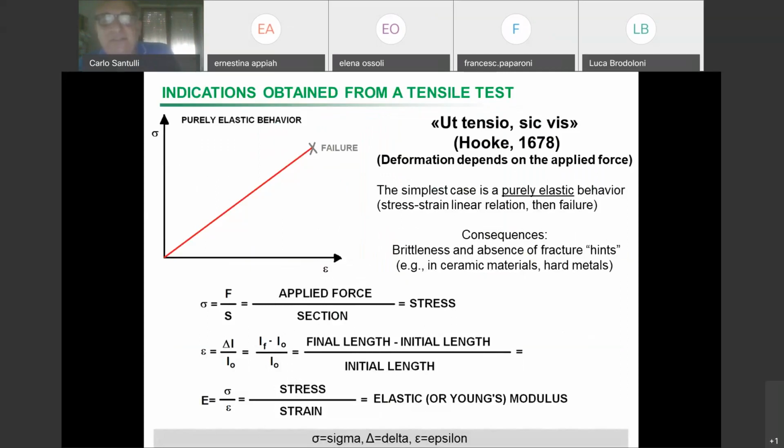This is typical, for example, in ceramic materials. You often find something like that. Some metals are sufficiently hard, and even some types of ferritic steel, for example, can show a failure which is brittle.